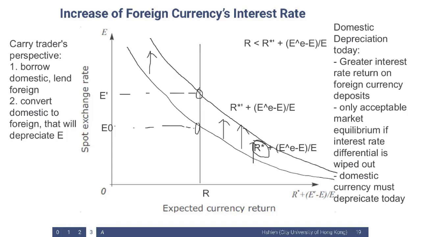Only R star is changing. E hat E is anchored, so our expectations are not allowed to change. So the only other free parameter that can move is E. So if we have an increase in R star to R star prime, we need to adjust this term downward, to decrease this entire right-hand side so that parity is restored.